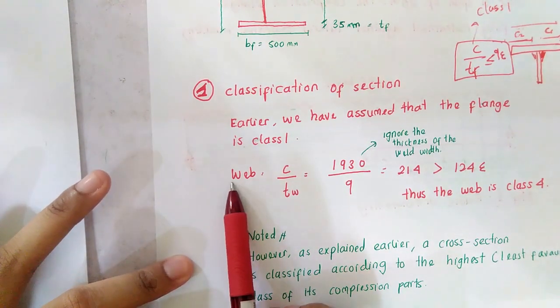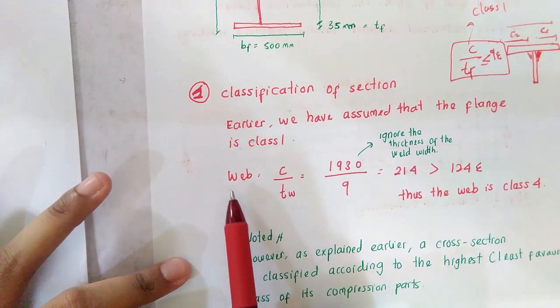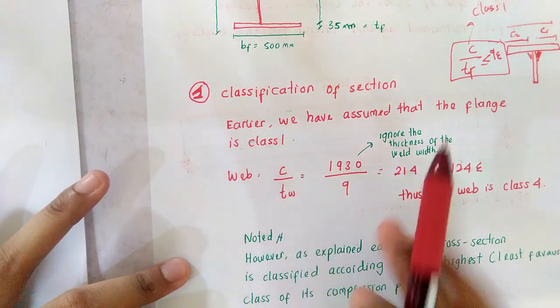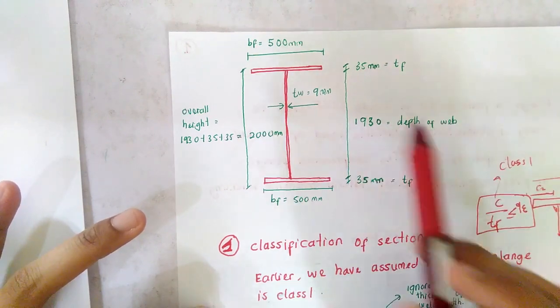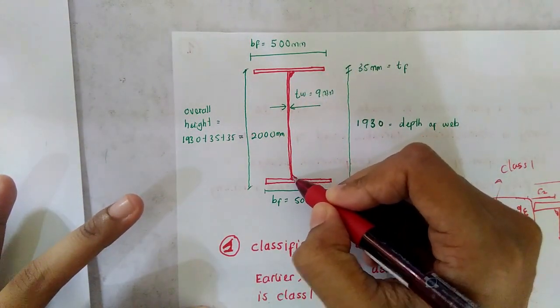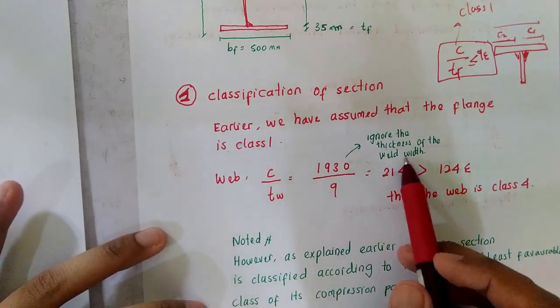So in this case, we go again to the table. We will see that c over tw, whereby our c is taken as 1930, eliminating the effect of the weld. We ignore the weld length, the thickness of the weld width.